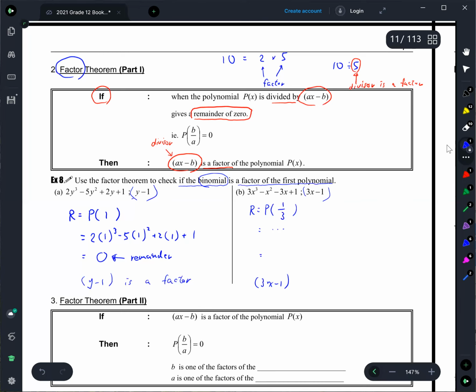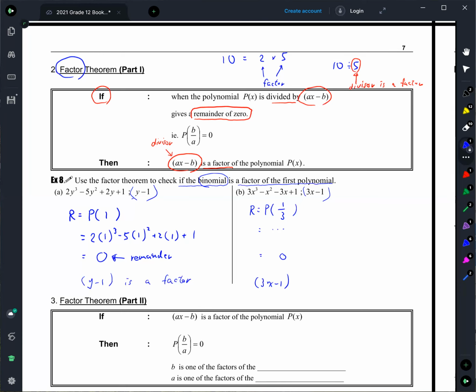Okay, very good. All right, Caleb, have you found the remainder? Caleb, what's the remainder? It should be 0. Be 0, okay.